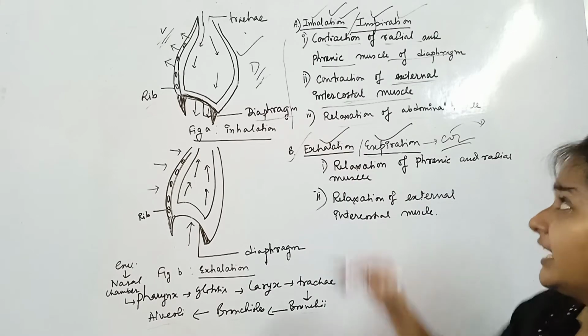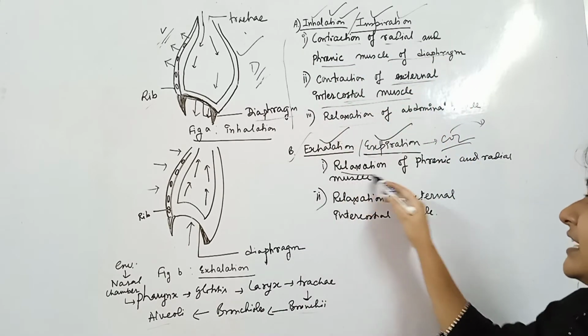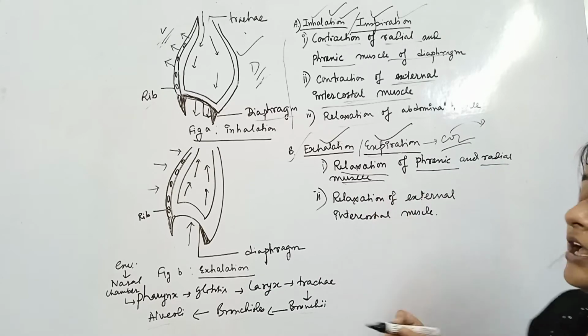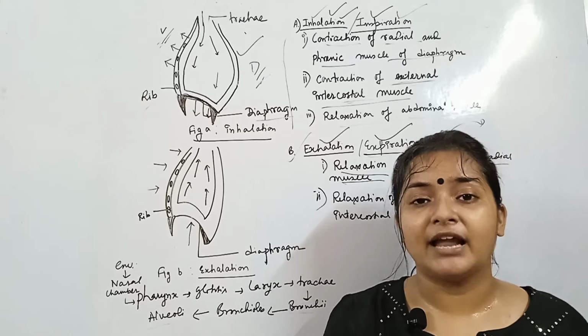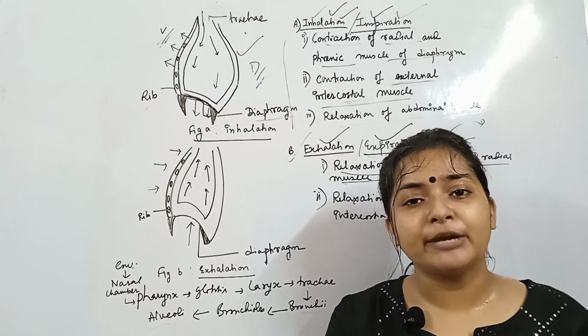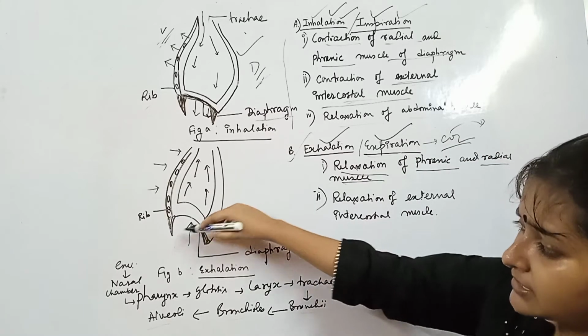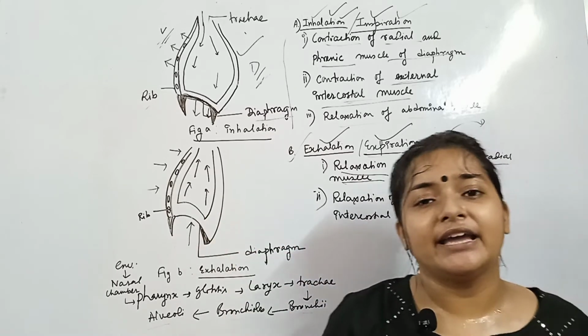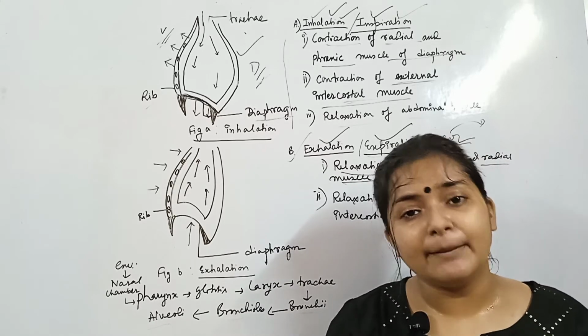It starts reversing. In inhalation, the contraction of radial and phrenic muscles occurs. Here the relaxation of phrenic and radial muscles occurs. That is why the muscles associated with the diaphragm, like the radial muscles and the phrenic muscles, start relaxing. And when these muscles start relaxing, the diaphragm goes back to its original position.